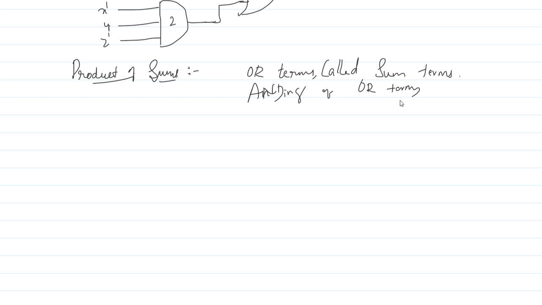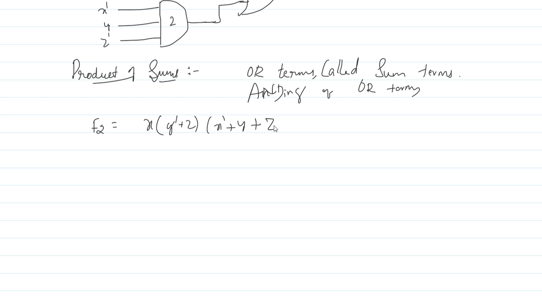Say for example, if I take one more example like this, f2 equals x dot, I will put in a bracket y prime plus z, x prime plus y plus z prime.